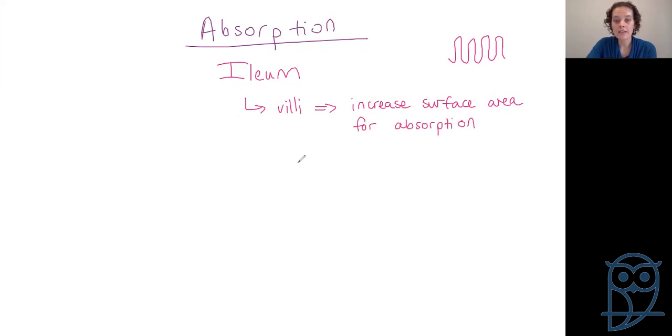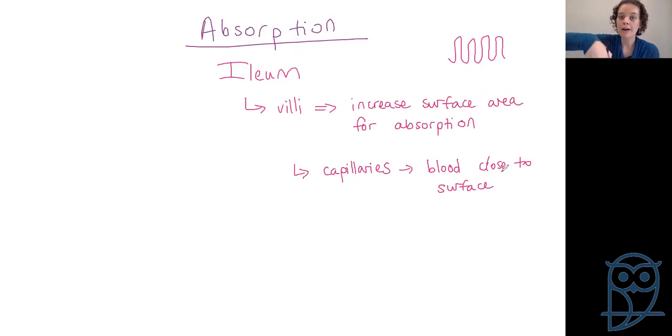Okay, in our villi, we have blood vessels. In particular, we have capillaries. These bring the blood close to the surface. So we have a very short distance to get our molecules from our digestive tract into our capillaries.